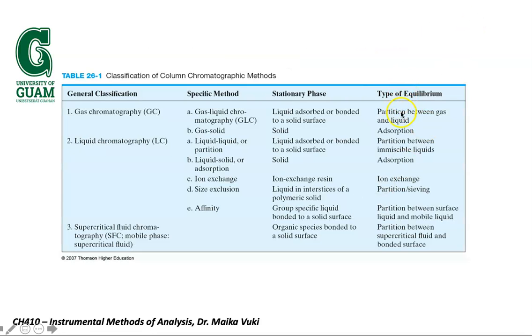Now you'll see that in chromatography techniques, the type of interaction between the mobile and stationary phase results in different types of equilibrium. Here we're looking at a partition between gas and liquid, which is a partitioning constant type of equilibrium. Here is an adsorption process on the surface of a solid. In liquid chromatography, there is partitioning between immiscible liquids.